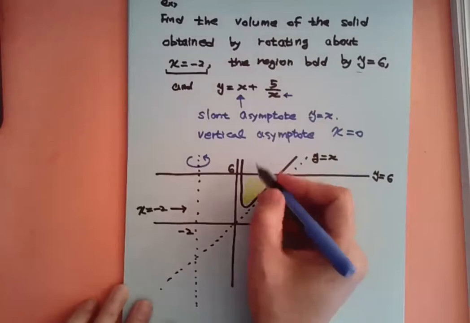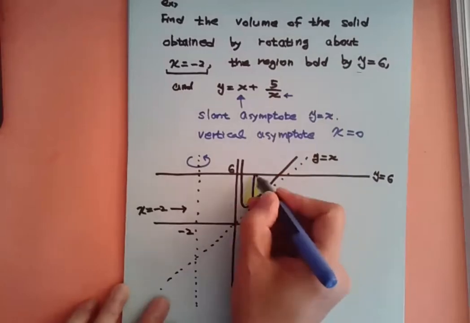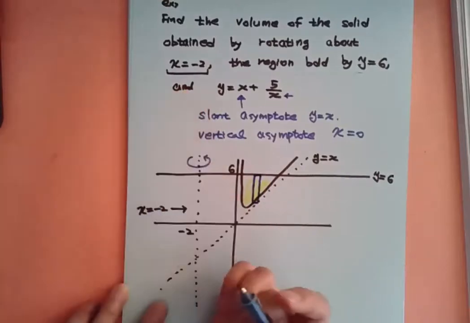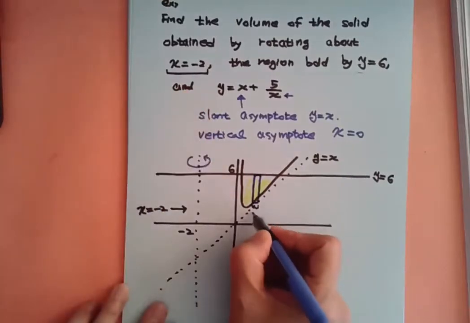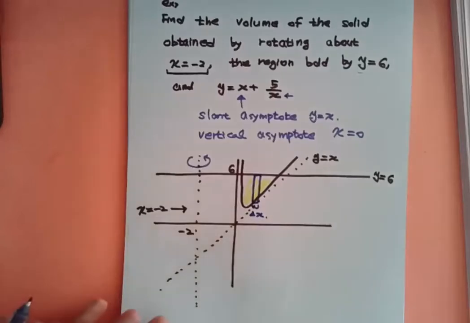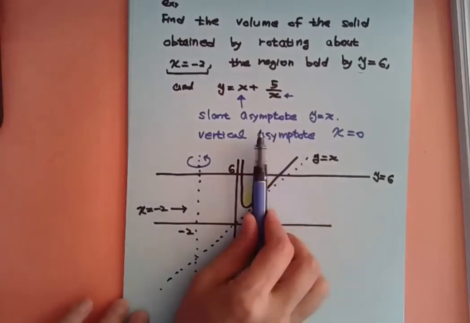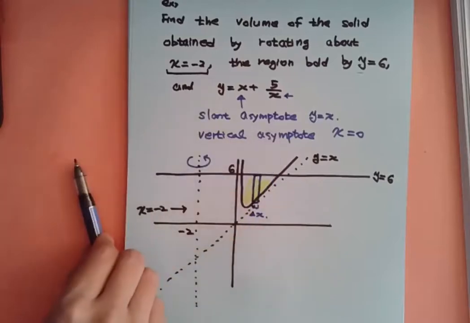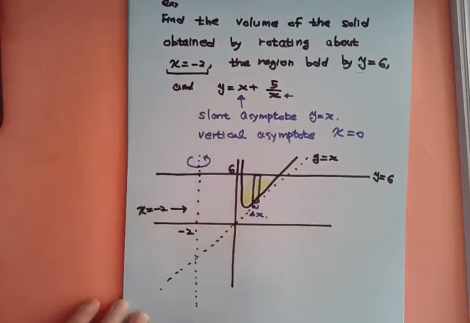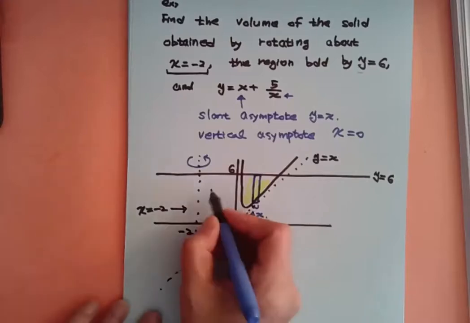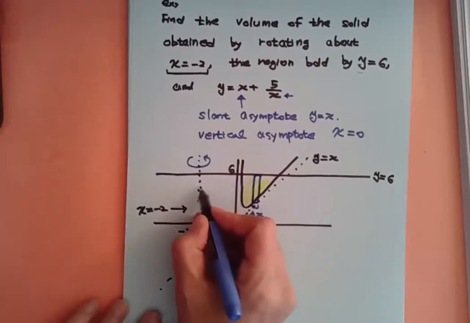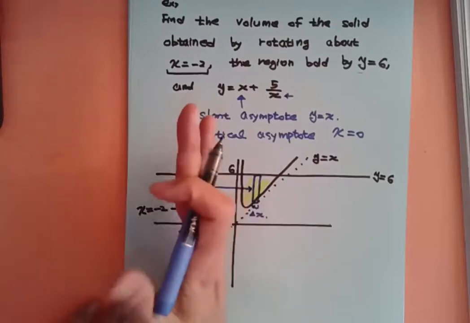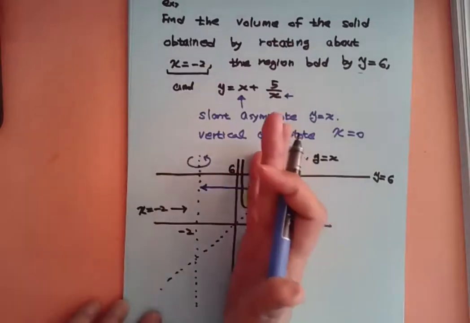So we will draw the stick, which is parallel to the rotational axis. So this one is delta x. And the cylindrical shell is formed by rotating like this. So we consider the circumference, the radius of the circle is determined by the distance between this axis of rotation and this stick.